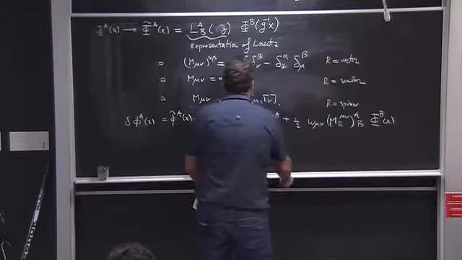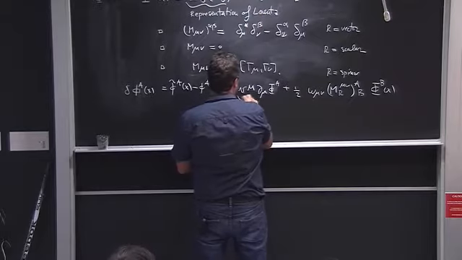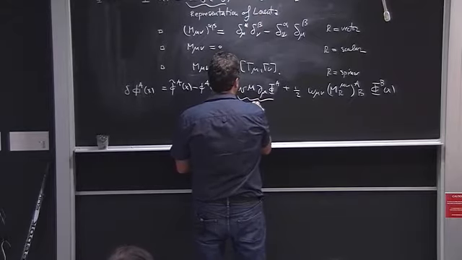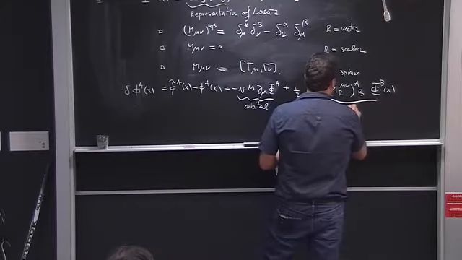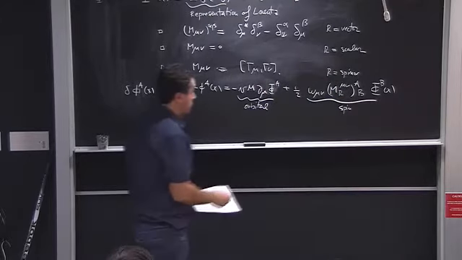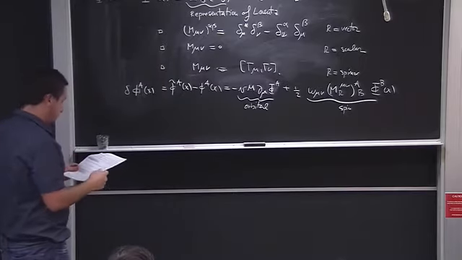This is the part that just comes from the translation, so this is the orbital. And this is the spin part, which depends on the representation under which the field transforms.